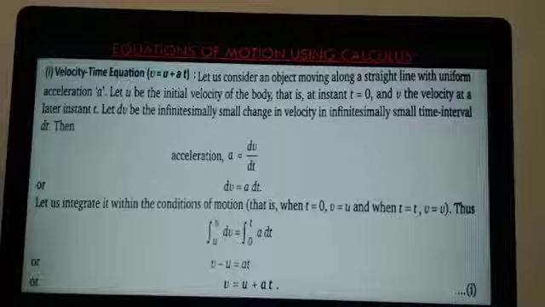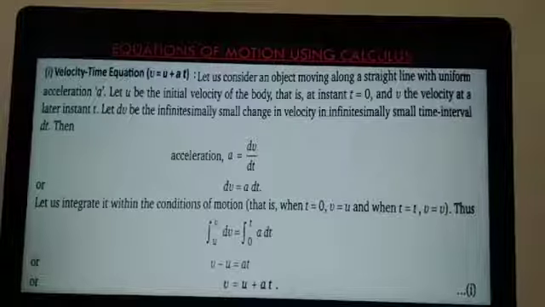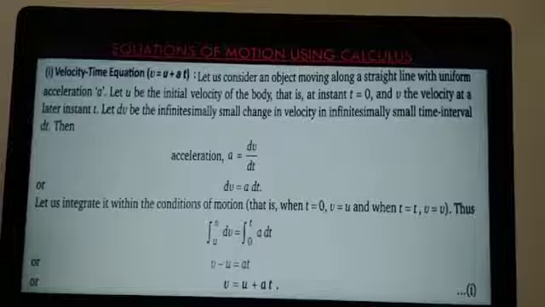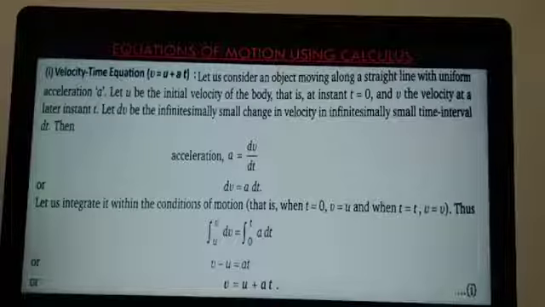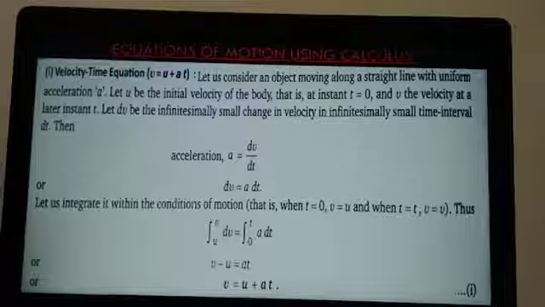So the lower limit of dv will be u and the upper limit of dv will be v. The lower limit means the minimum value and the upper limit means the maximum value. So limits on both sides we have defined now, that is integral u to v dv equal to integral 0 to t a dt. Is it clear?